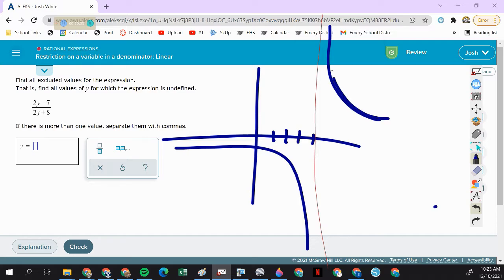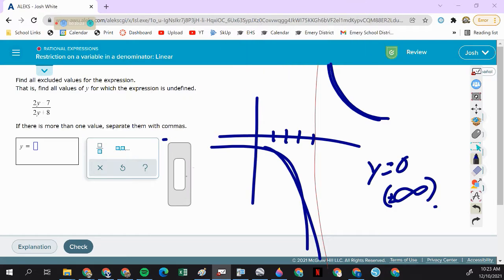It gets close to infinity here and it gets close to negative infinity there. But if you try to plug that in, when y is 0, the function is either infinity or negative infinity. Yeah, it's an asymptote. We'll talk more about those later.